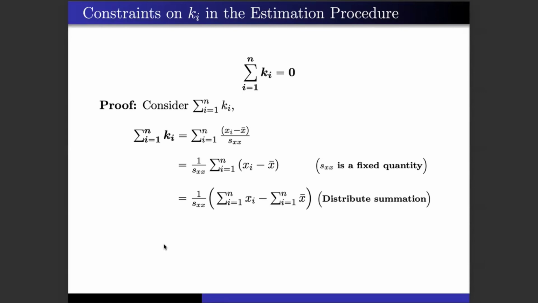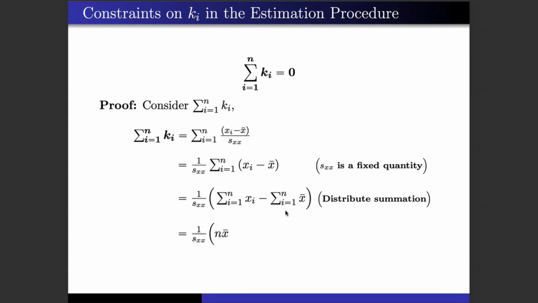Now, if we look at this expression, the first term we have is summation xi. Given n values of the independent variable, the average of x would be equal to summation xi divided by n. And therefore, the first term summation xi can be written as n x bar. If we look at the second term, which is summation i going from 1 to n of x bar, here x bar is the average of n values of the independent variable, and therefore x bar is a fixed number.